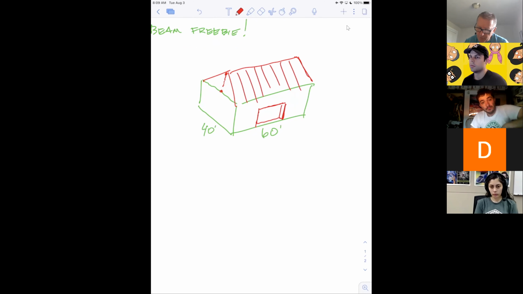And so what you do is come in here and you have some studs or boards on the side effectively. And then you put a beam over the top of that. And so that's called a post and beam structure.